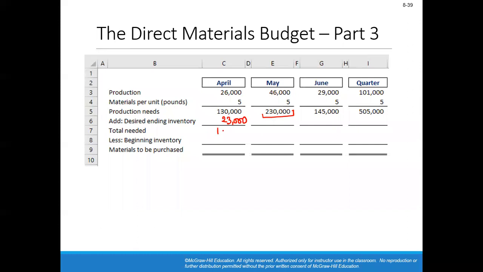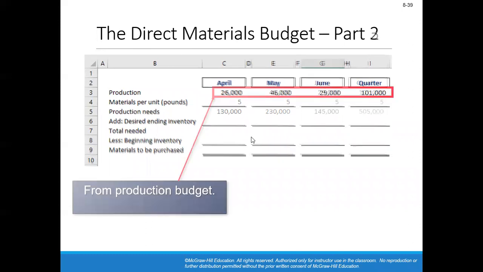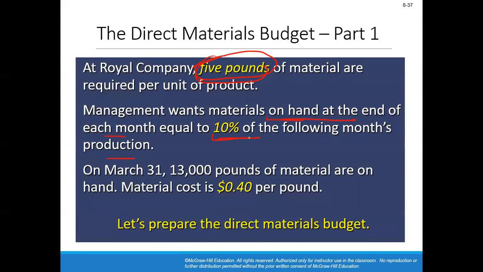So I need direct materials of 153,000. Can you recall that I have a beginning inventory of raw materials of 13,000 for April? It is the ending inventory of raw materials from March, but it is the beginning for April.